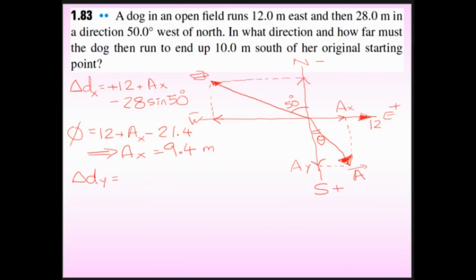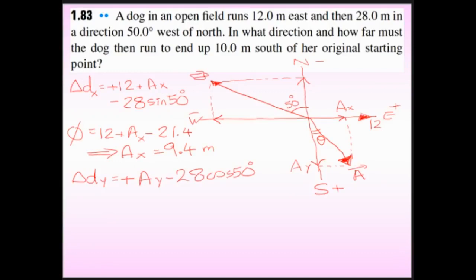Only 2. This one and this one. But this one is pointing positive, and this one is pointing negative. Great. So positive ay, subtract 28 cosine of 50.